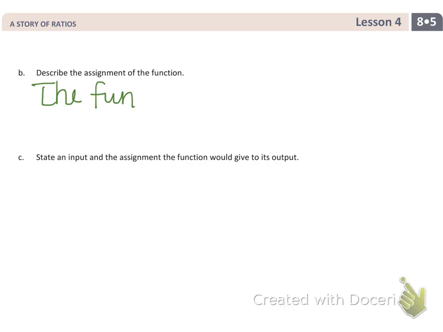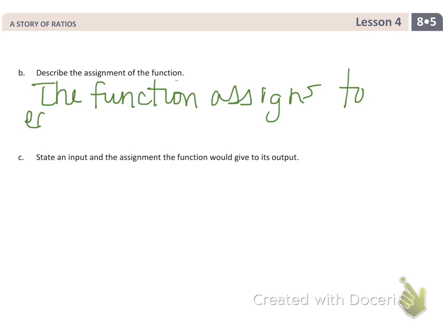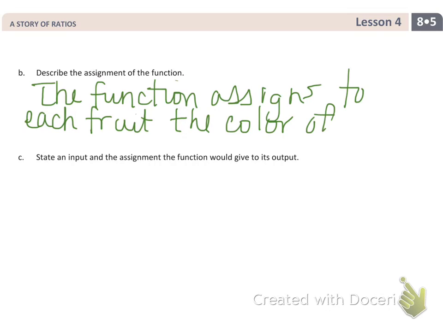assigns a color, and we could say it this way, assigns to each fruit its color, right? To each fruit its color. Or, well, I guess we should say the color of its skin.